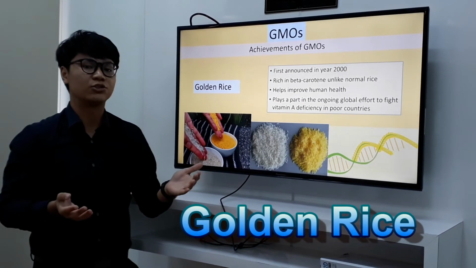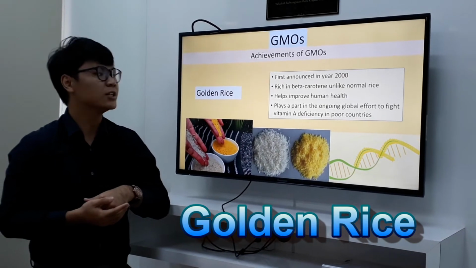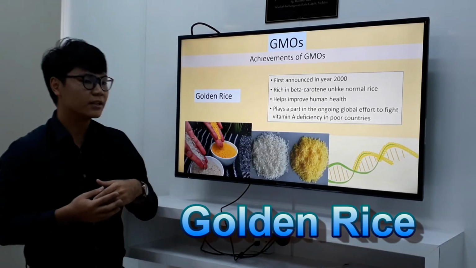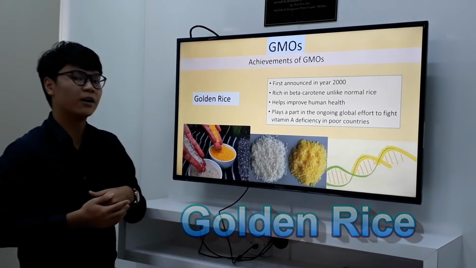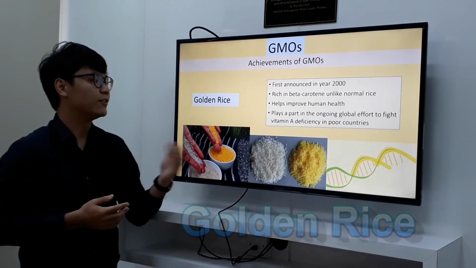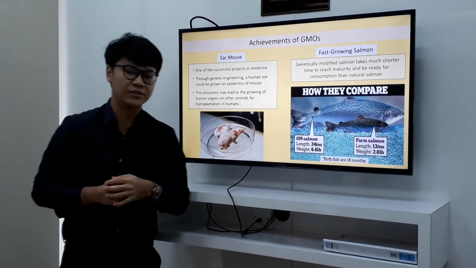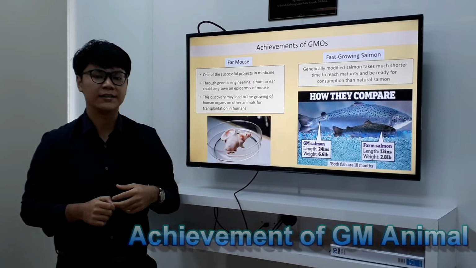Golden rice is rice that is rich in beta-carotene, unlike usual rice, and it helps to improve human health. It plays a very important role in the ongoing global efforts to fight against vitamin A deficiency in poor countries.